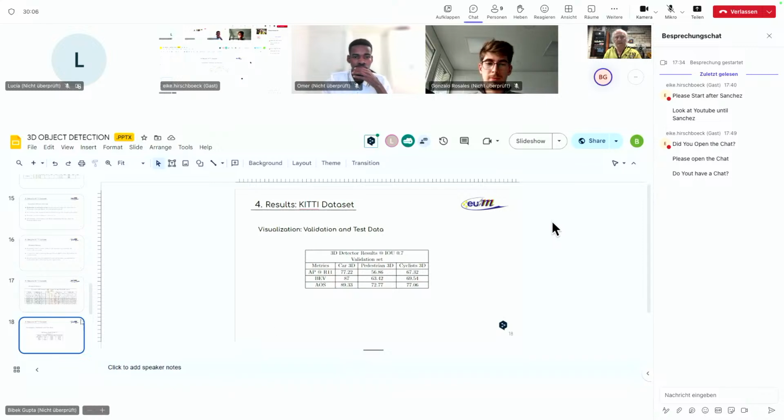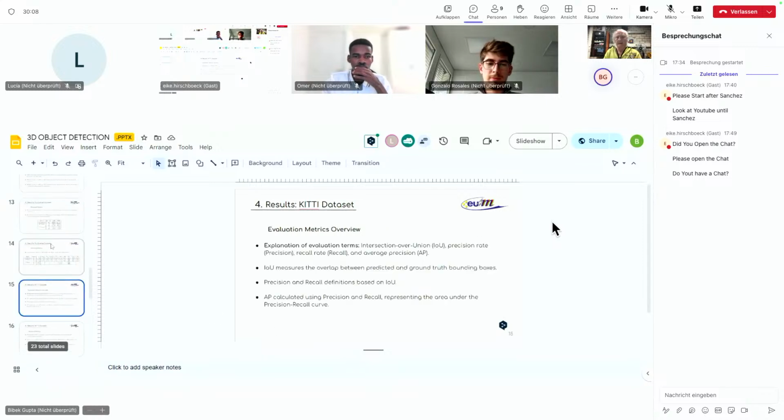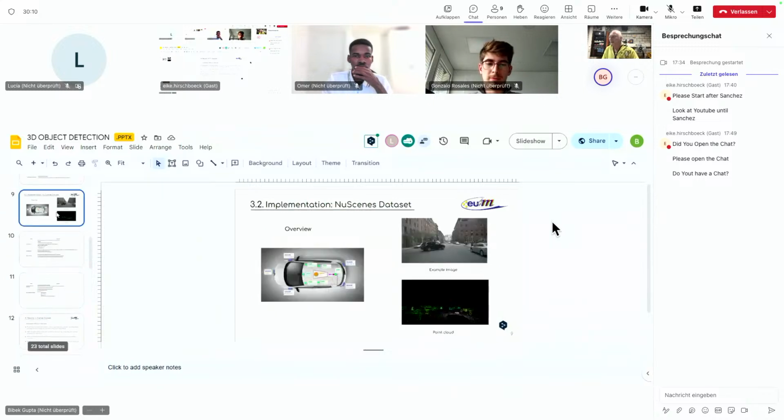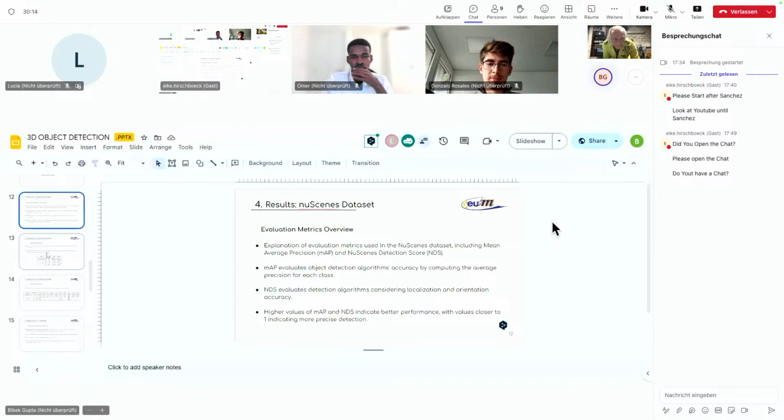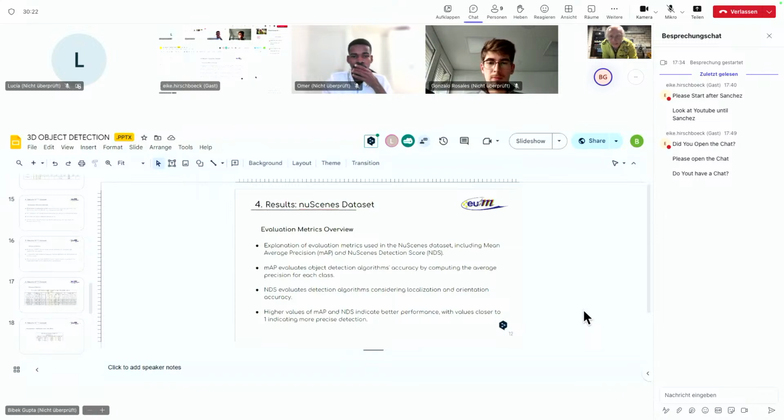So let's continue with the KITTI dataset. Let us begin with a brief description of the KITTI dataset and how the metrics were evaluated. Firstly, we were successful while training on the KITTI dataset, and we found some satisfactory results.